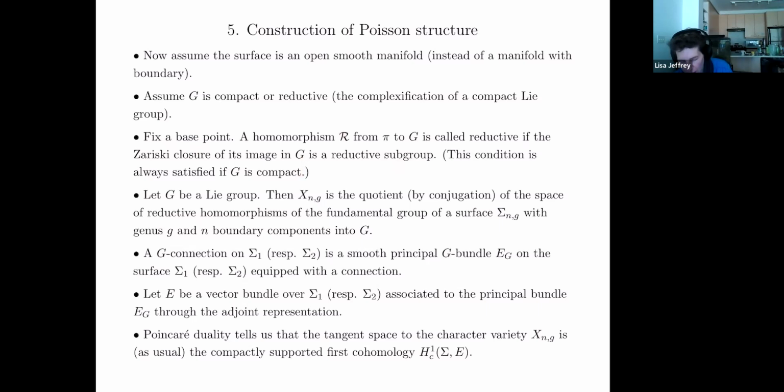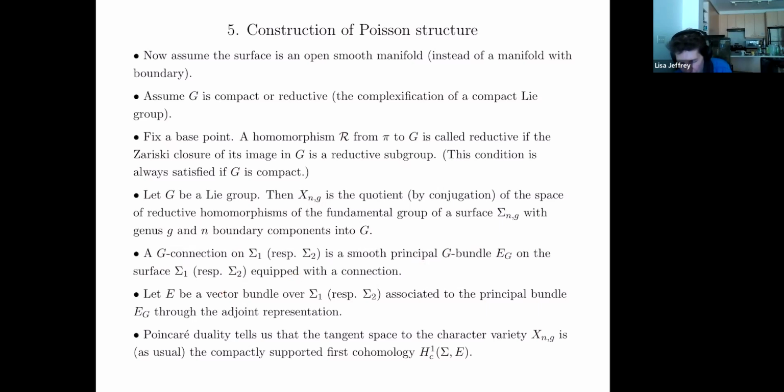So let G be a Lie group. Then I introduced X and G. This is the quotient up to conjugation of the space of reductive homomorphisms of the fundamental group of a surface of genus g and boundary components into the group. So I'll write a G connection as a smooth principal G bundle on the surface sigma 1, which is equipped with a connection.